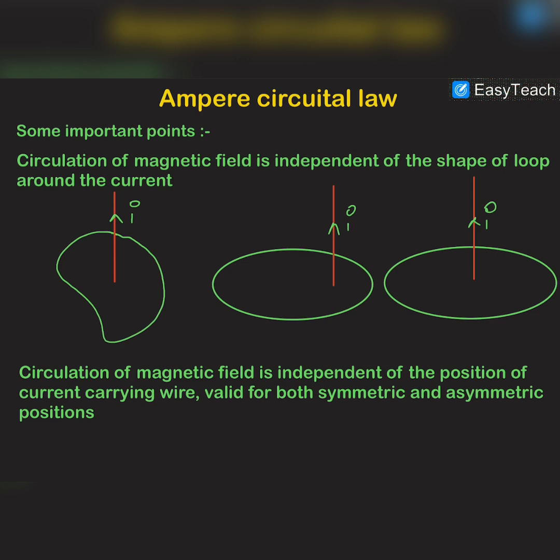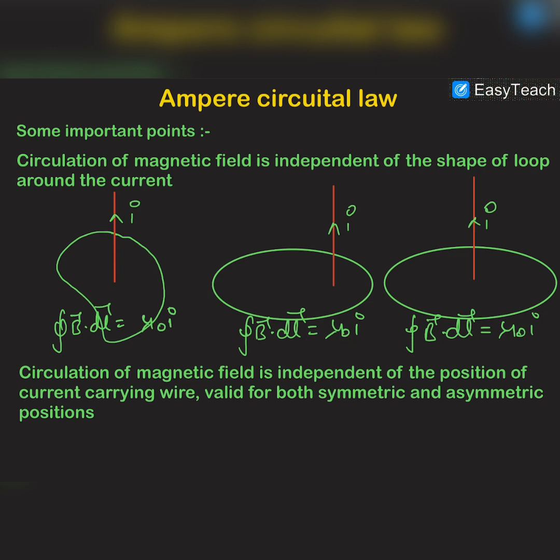The first point states that the circulation of the magnetic field is independent of the shape of the loop around the current. So obviously the integral of B dot dl is mu naught I inside for this loop also, and for this loop also, and for this loop also it is B dot dl equal to mu naught I. So for all these three loops, irrespective of their shape, this is valid.